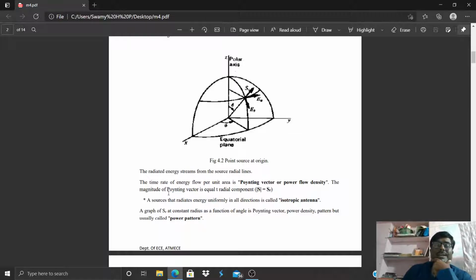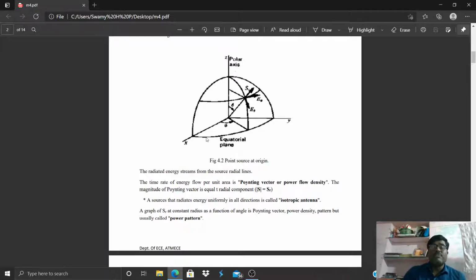What is this S_r, showing the arrow mark outward? It is the time rate of energy flow per unit area, that is called the Poynting vector or power flow density.